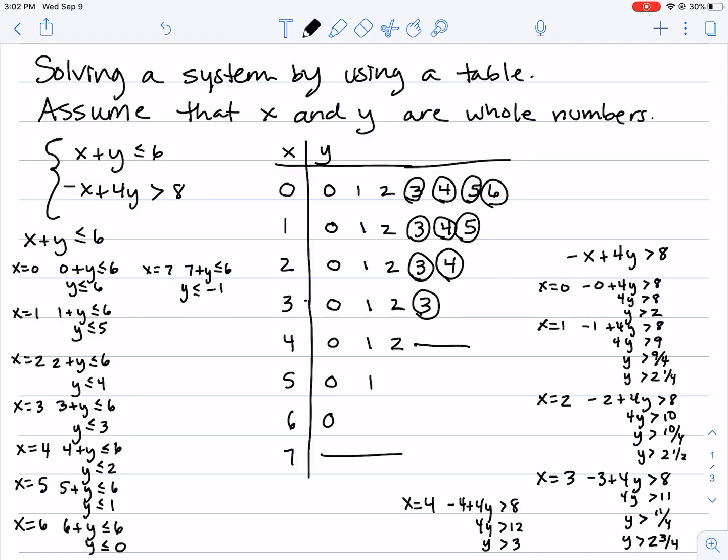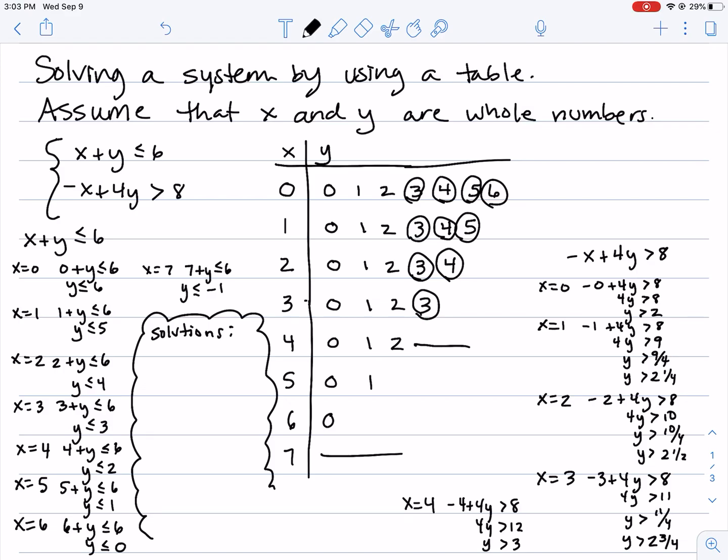So now, this brings me to the next part, and I got to give myself maybe a little bit of space here. I'll kind of bubble it in a little bit. And these are going to be our solutions. So now that I've got my table, I have to write my solutions, and my solutions are going to be ordered pairs.